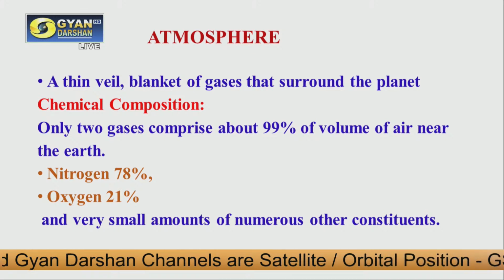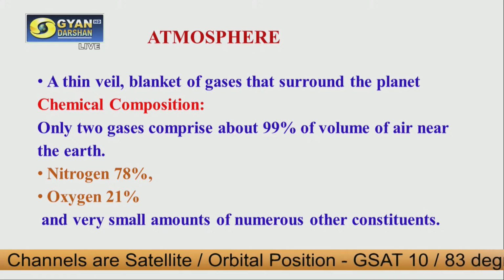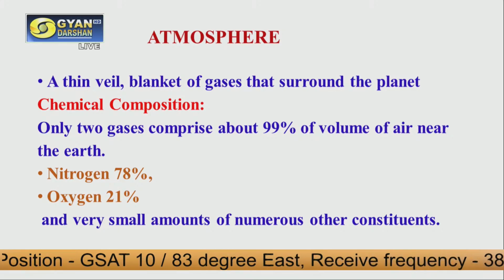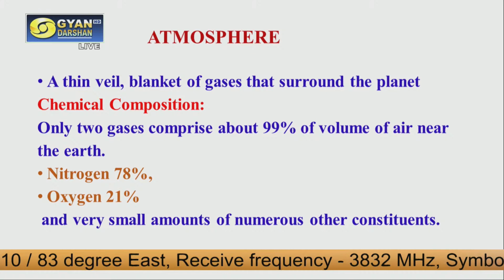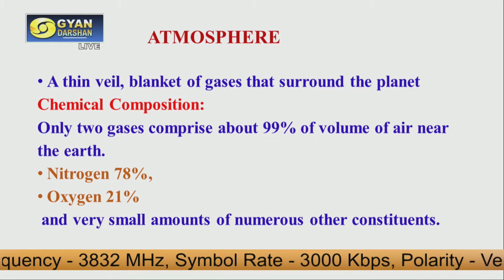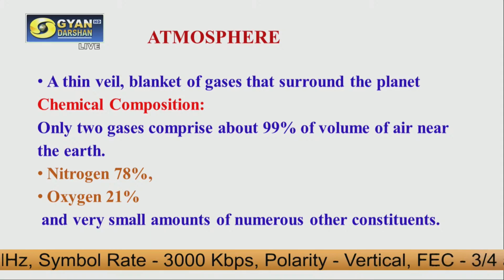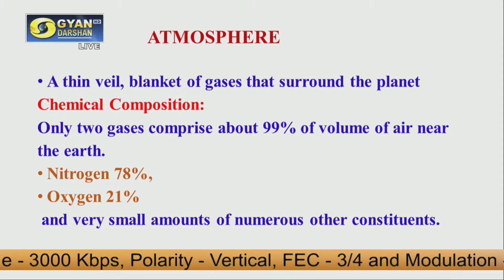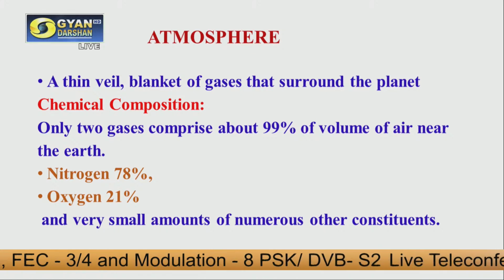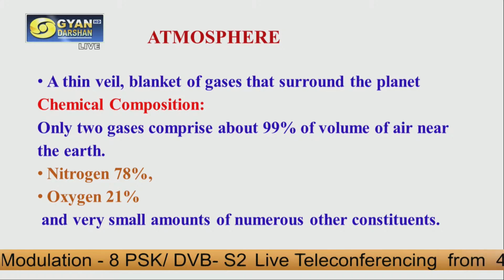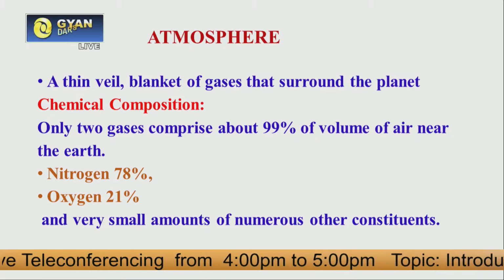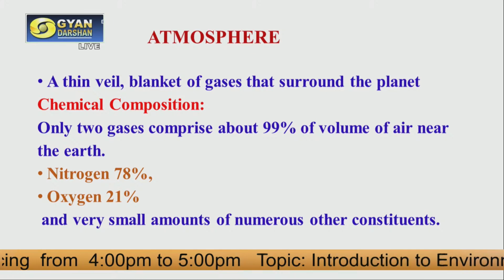Basically, two major gases make up 99% of the volume of the air near the earth. You know these two gases. One is nitrogen, which is around 78% by volume, and oxygen takes a share of 21%.